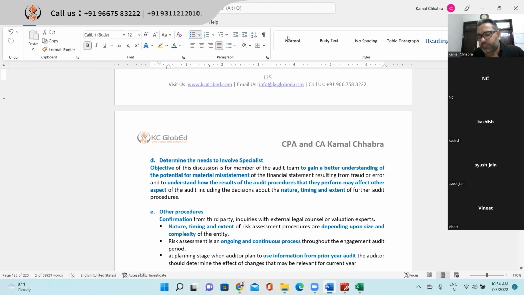Same way, litigation, claims and assessments, probably initially you may not have considered as a significant risk area, but when you are conducting the audit and you come across any severe litigation against the company, then you may consider that as a significant risk area, right? It depends on the events which come across during the audit.